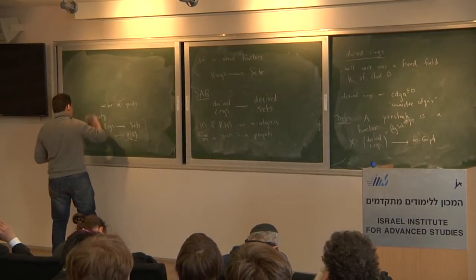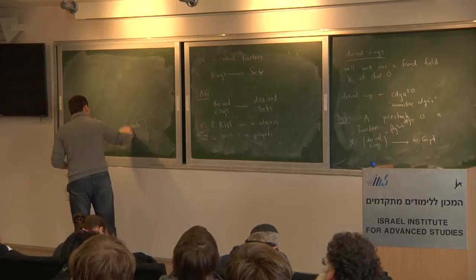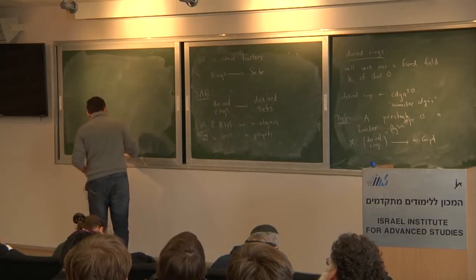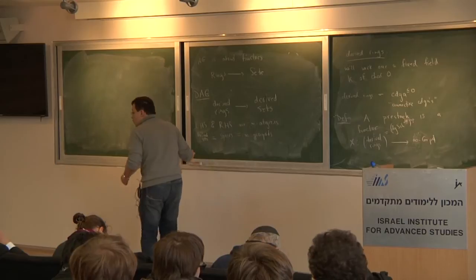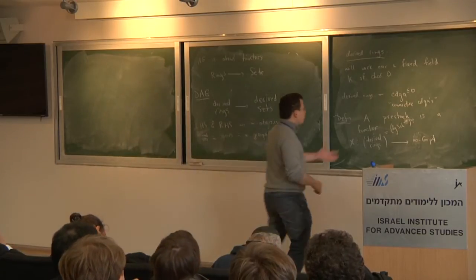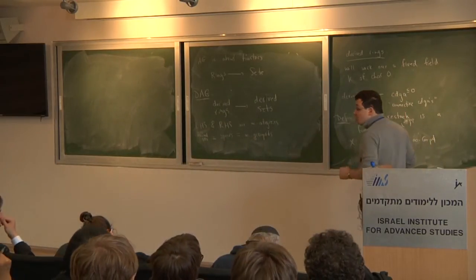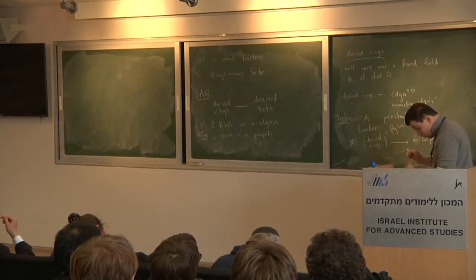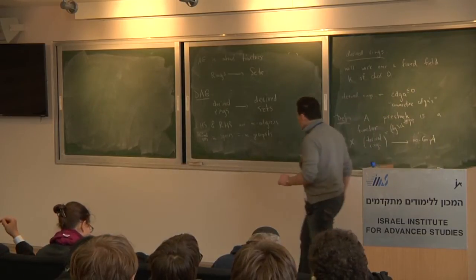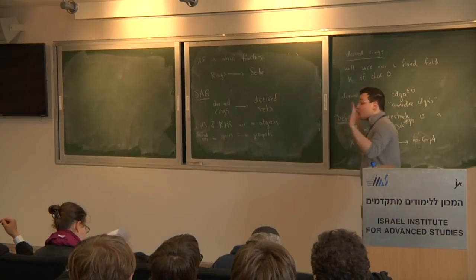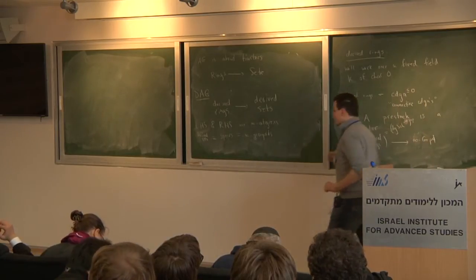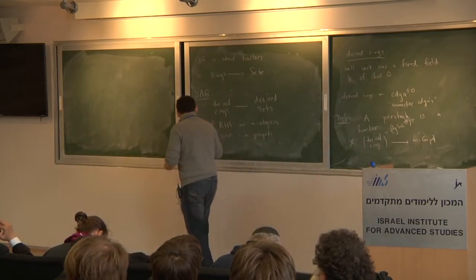When you write derived rings, you take the category of all DGs and invert quasi-isomorphisms. Yes, that's right. I told you what the objects are, up to quasi-isomorphism, and this forms an infinity category. I think infinity categories really are a prerequisite for this, so I don't want to say much more about that.